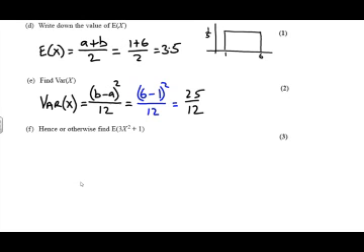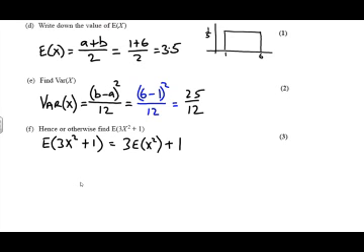Okay, so hence or otherwise, find the expectation of 3x squared plus 1. Straight away I'm itching to do some expectation algebra. So starting with the expectation of 3x squared plus 1, I know that that should equal 3 times the expectation of x squared plus 1. Okay, all I need to do now is find the expectation of x squared. In the previous two parts of the question, I found the expectation of x and I found the variance of x.